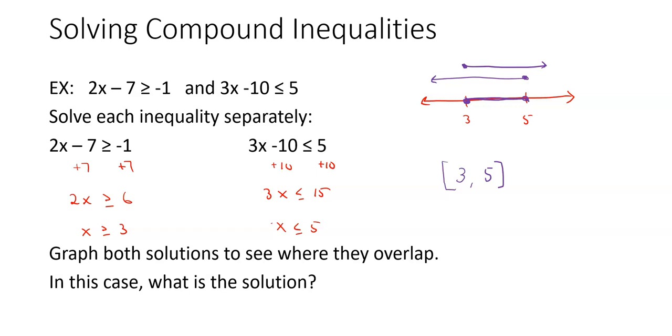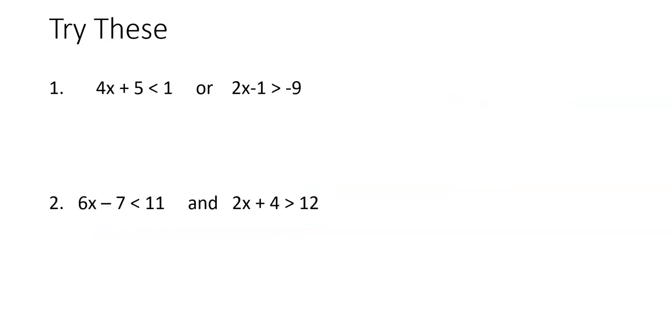All right, let's take a look at the first one that's up here. We don't have to do both of them, but let's take a look at the first one, because we might come up with something interesting. 4x plus 5 is less than 1, or 2x minus 1 greater than negative 9. So first step is we're going to solve these like we've solved every other inequality so far this semester. We get 4x less than negative 4.